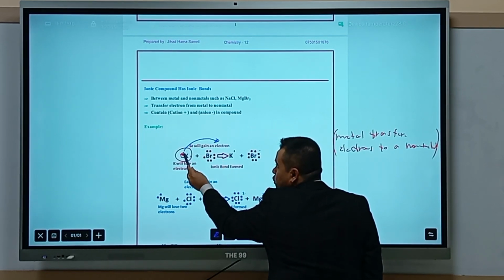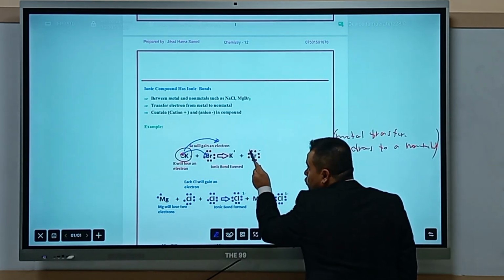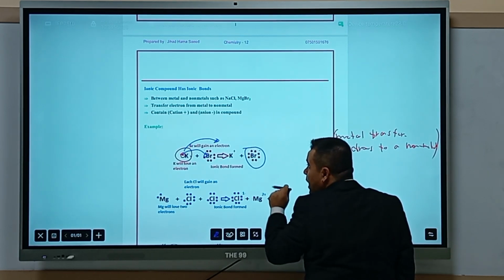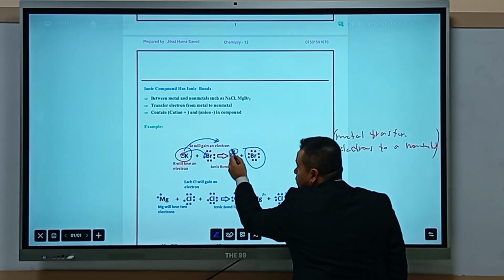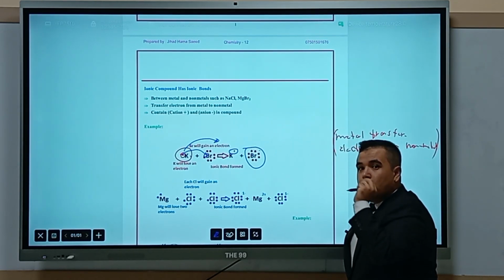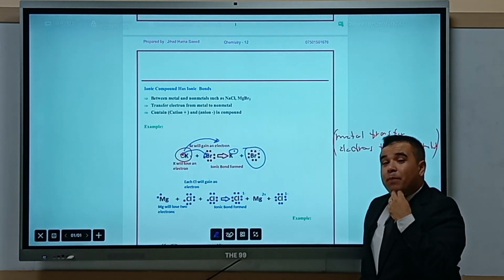The potassium is going to transfer its electron to the Br to become 8 electrons in the valence shell, and becomes positive. So whenever a metal transfers or donates an electron, the remainder becomes positive.